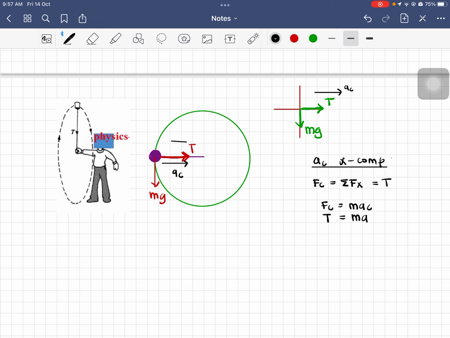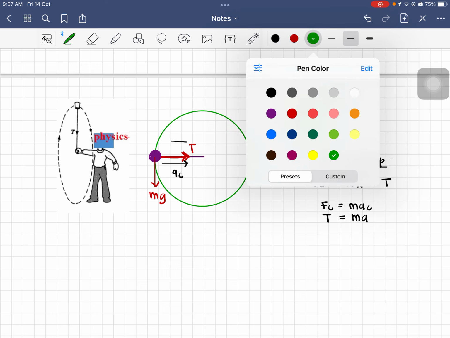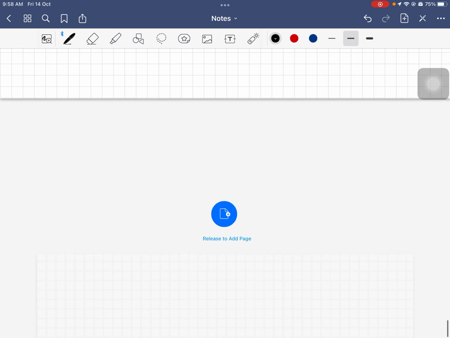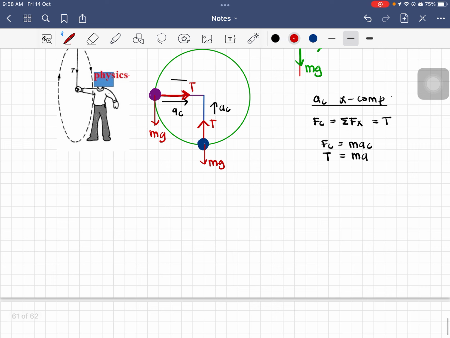Now let's look at the example when your object is down here, with the string here. What happened here? You will have tension upward and your mg downward. And you can see that your AC is upward. If we draw the axis, your T is upward, mg is downward, and your AC is also upward.